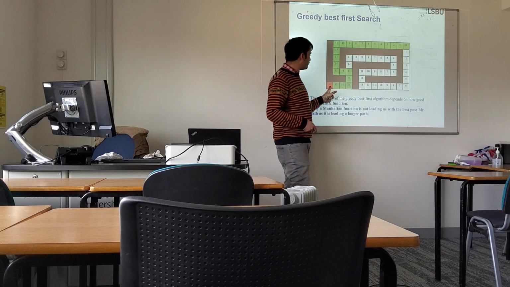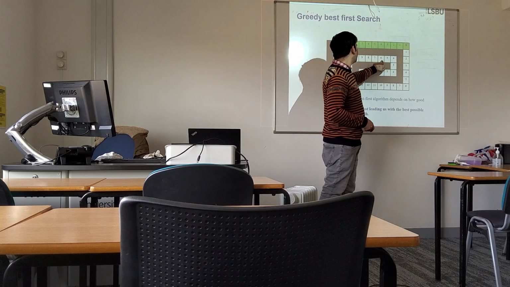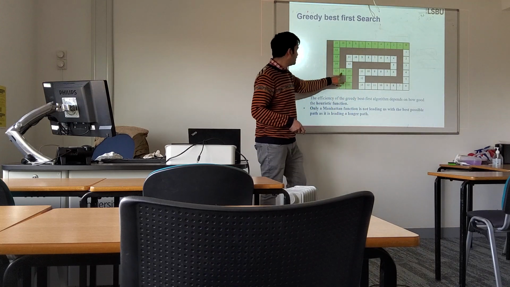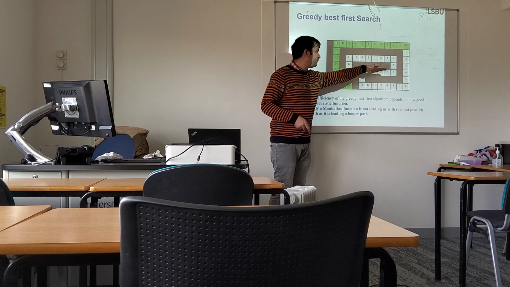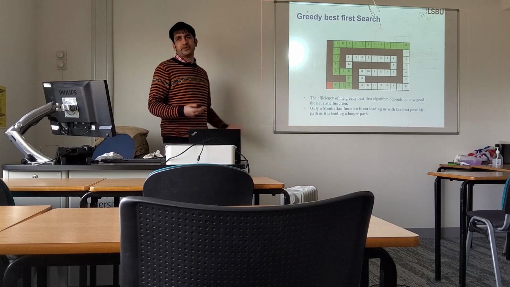So here you can see 1, 2, 3, 4, 5, 6, 7, 8, 9, 10, 11, 12, 13. So 13 plus 6, and here 14 plus something. Or if you go further, we'll lose the optimality.